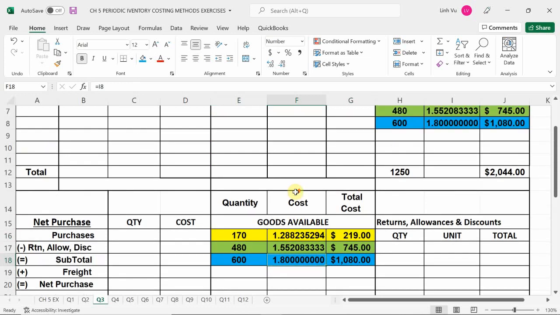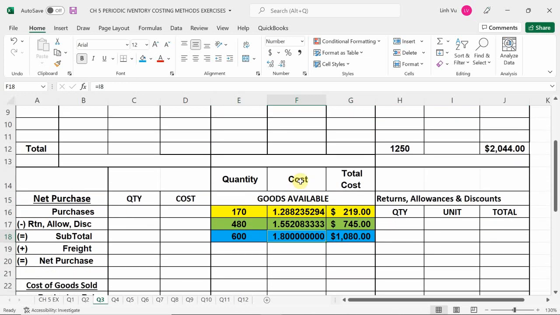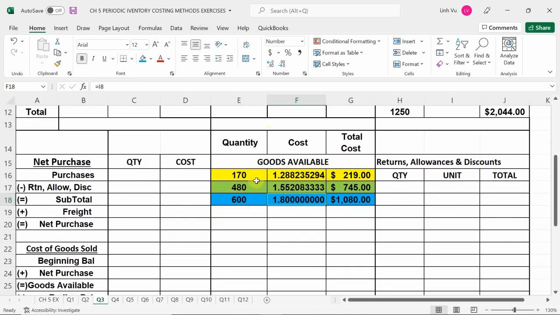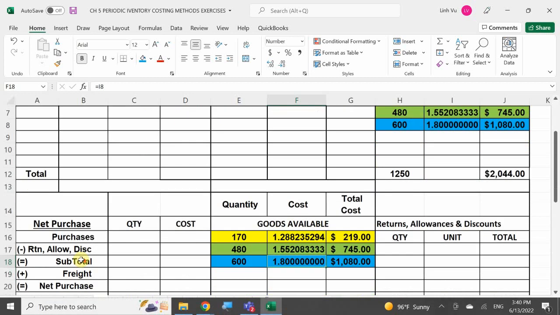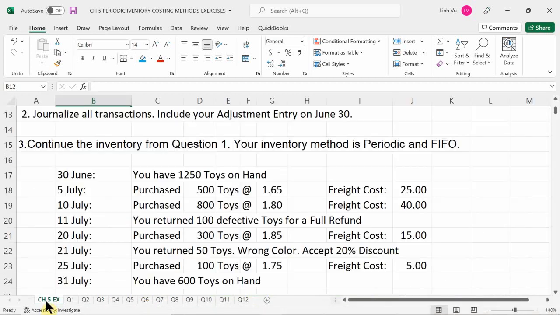In this case, that's our beginning inventory. It's going to be put into our goods available because that's included in the goods available. So there we have 2 of those copies here, and now we can proceed with the scenario, okay?